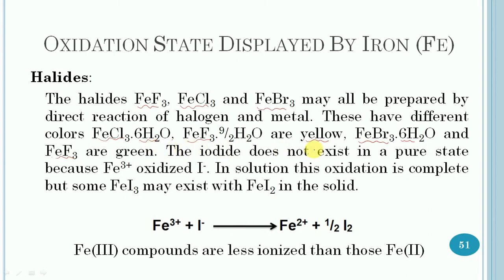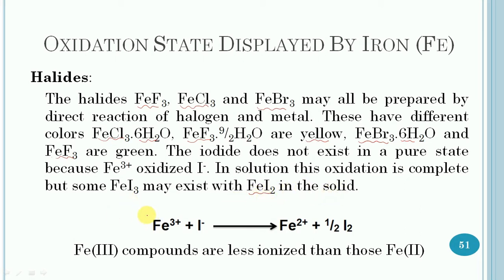The iodide does not exist in a pure state because iron 3 positive oxidizes iodide ion. In solution, this oxidation is complete, but ferric triiodide may exist with ferrous iodide in the solid state.